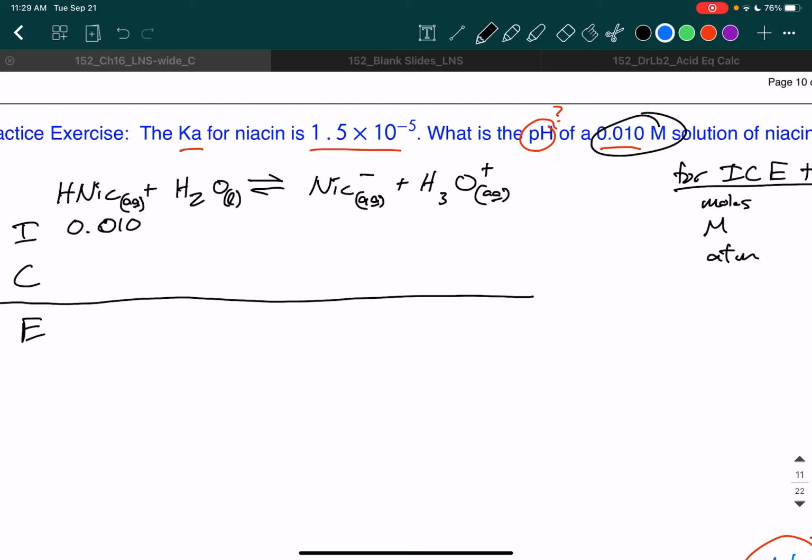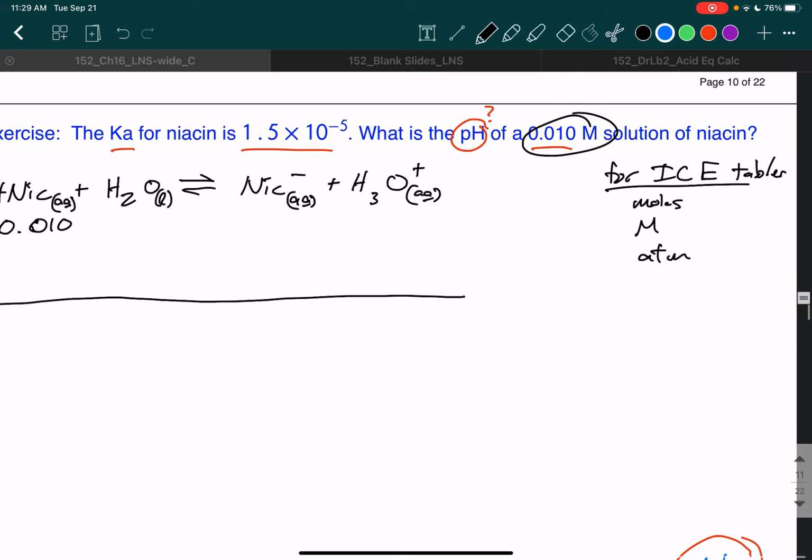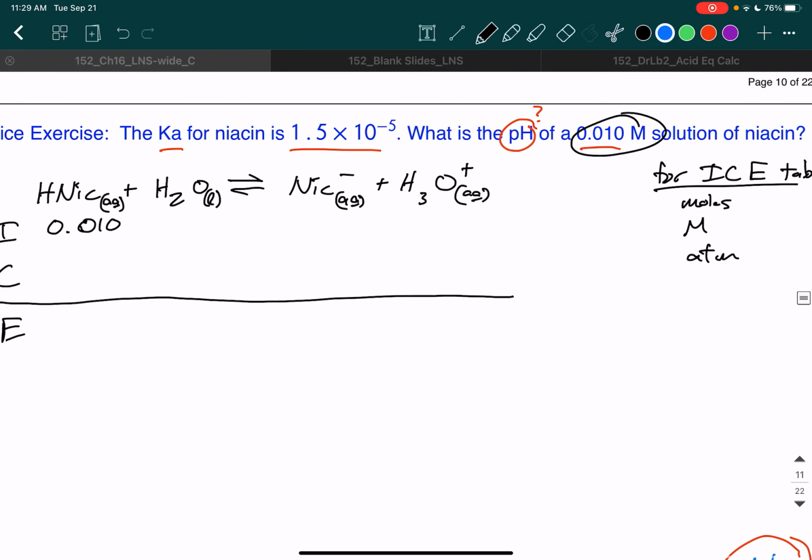Those are the three that we'll use. So that initial concentration, that value that would be written on the bottle, that 0.010 molar, is the amount of niacin that you add to the water. And if you think for a minute, as soon as it hits the water, let's imagine it's not ionized. That's the initial state. Nothing has ionized.